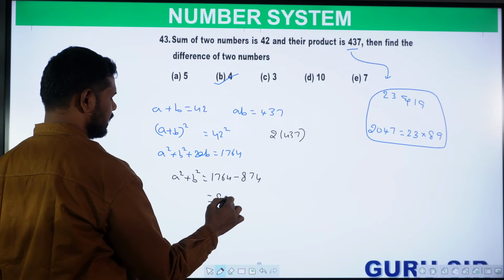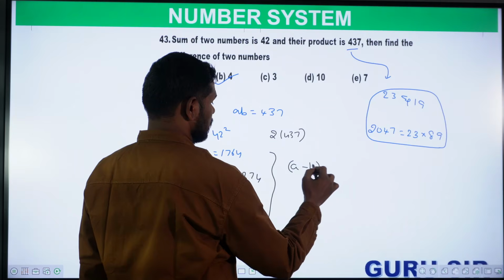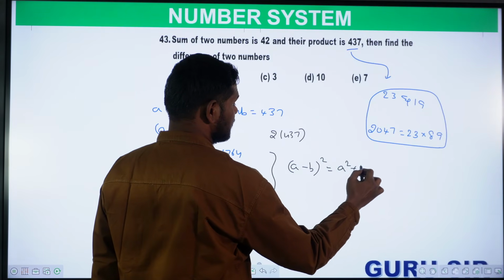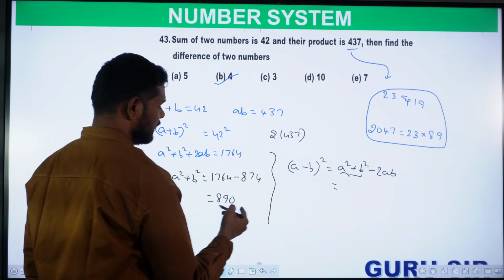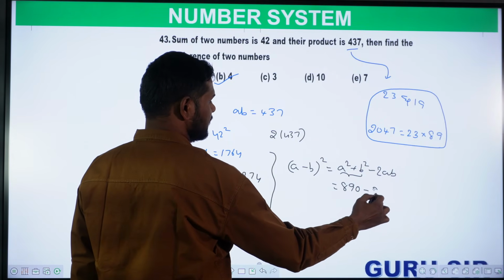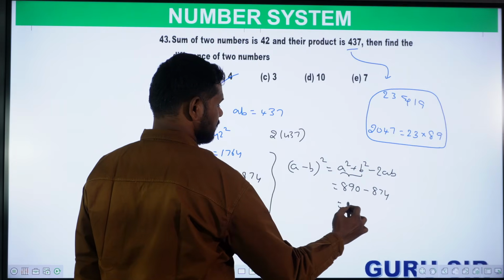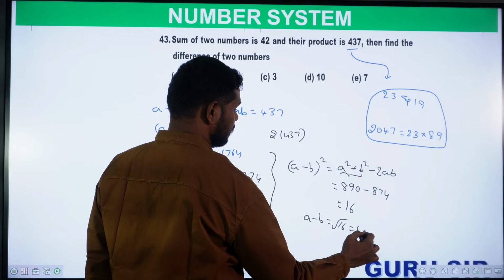It is nothing but 890. Consider A minus B whole square, whose expansion is A square plus B square minus 2AB. A square plus B square is 890, minus 874, is nothing but 16. A minus B is square root of 16, nothing but 4.